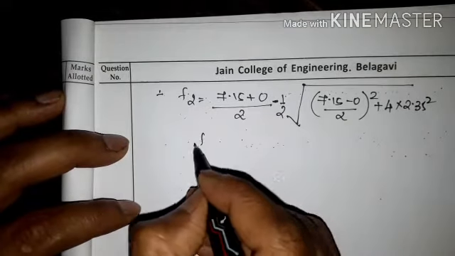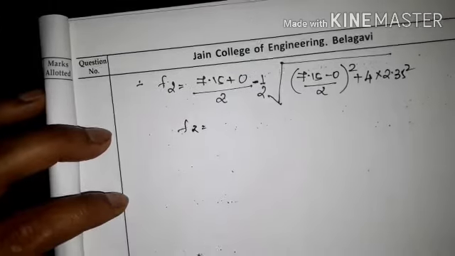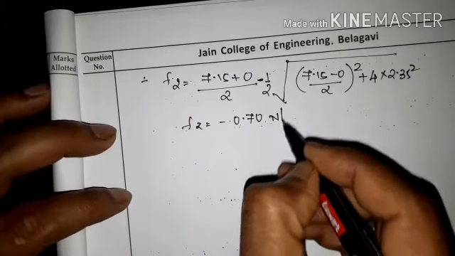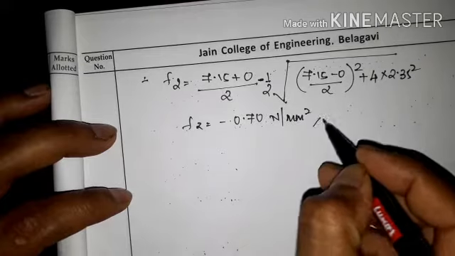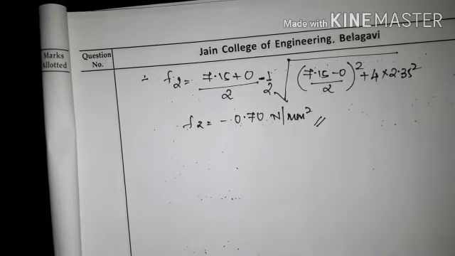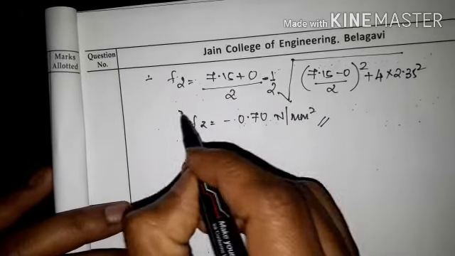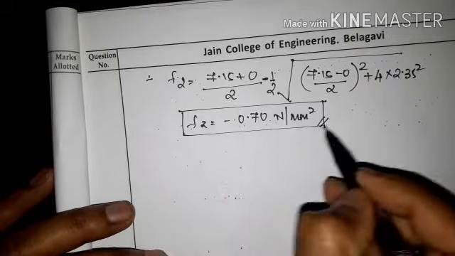So we will get F2, the principal tensile stress, as minus 0.7 Newton per mm square at the centroidal axis.